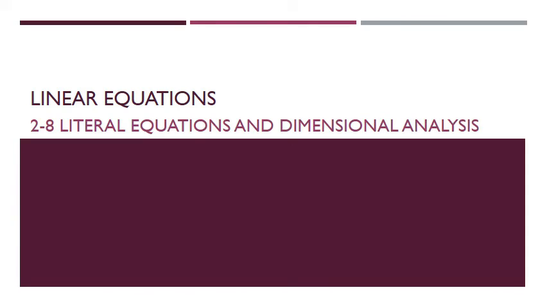All right, I want us to look at a couple more examples of solving for a specific variable. We're talking about literal equations. This is where we've got more than one variable in the equation. And sometimes when we're looking to solve literal equations, we'll have the same variable on both sides of the equation, along with other variables.